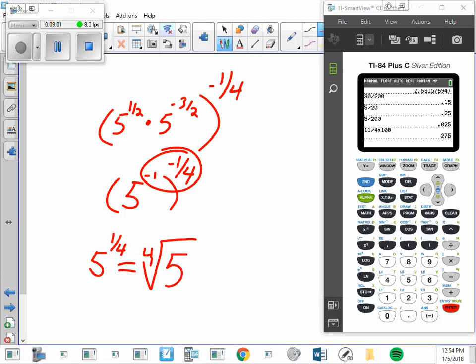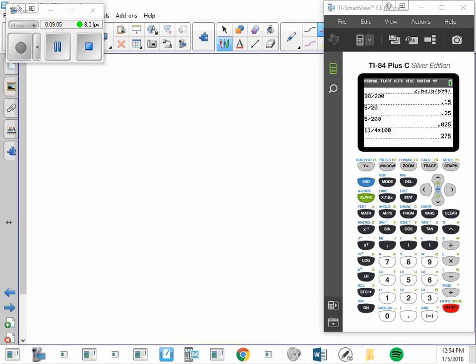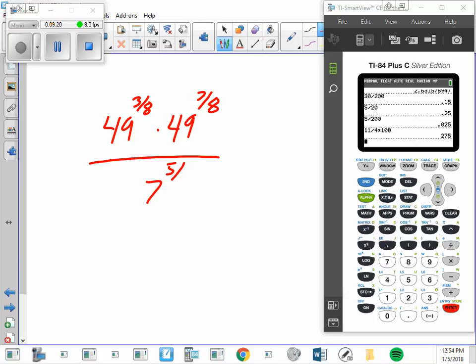Okay, number 12. Now this is the one you were asking about. Well, I don't know if you were or not, but 49 to the 3/8 times 49 to the 7/8 over 7 to the 5/4. What should we do? Combine the top.